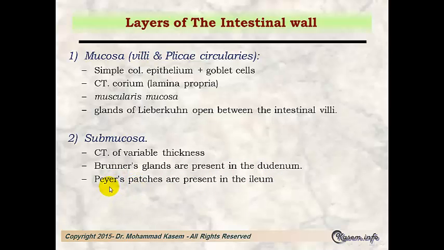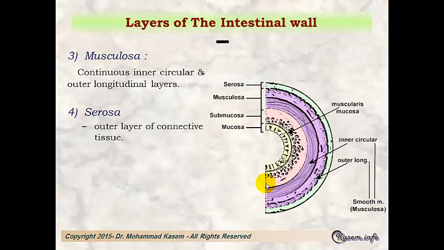These are lymphoid follicles present only in the ileum. We'll watch it later in the other sections.